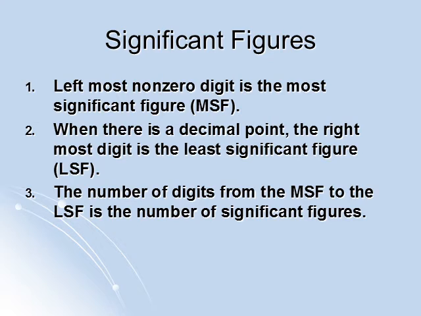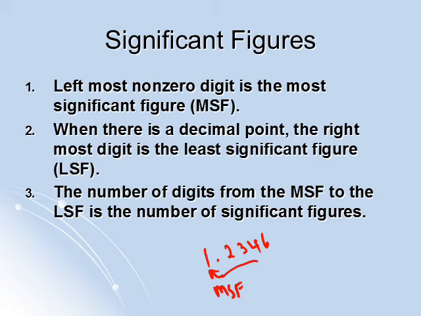Now significant figures. Leftmost non-zero digit is the most significant figure, and let's put down a number here. Say 1.2346. Leftmost non-zero, that's most significant, so I'm calling it MSF.